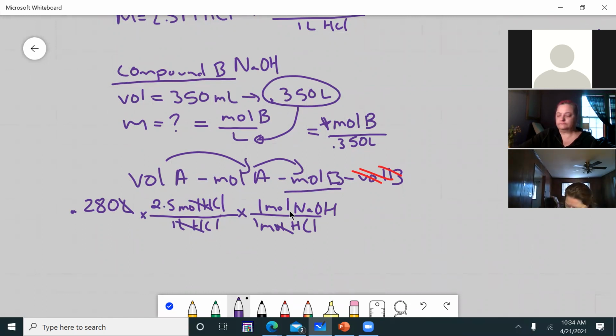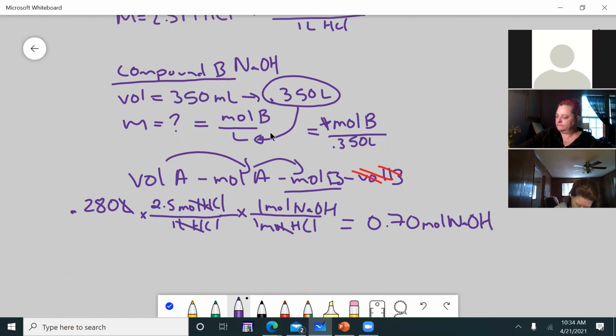That's where we stop for this specific problem to give us the moles. So 0.280 multiplied by 2.5, that's really it. So I get a value of 0.70 moles of NaOH.